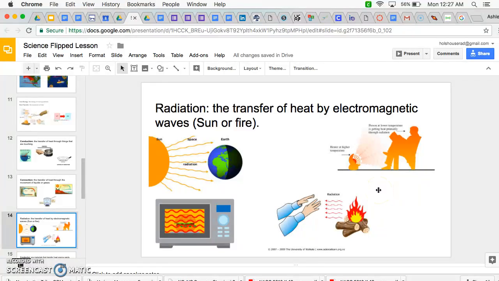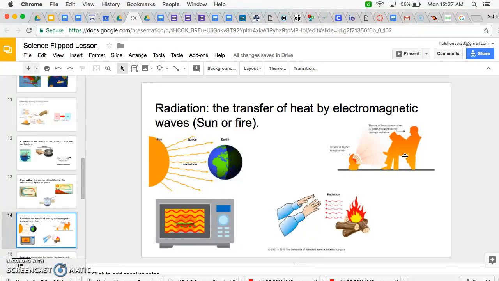Radiation is the third way that heat can be transferred. It transfers heat by electromagnetic waves. You usually see this in the sun and fire. This is actually how the Earth is warmed and we get weather, going back to the previous video. You heat up your food in the microwave through radiation, and heaters when you're directly in front of them.